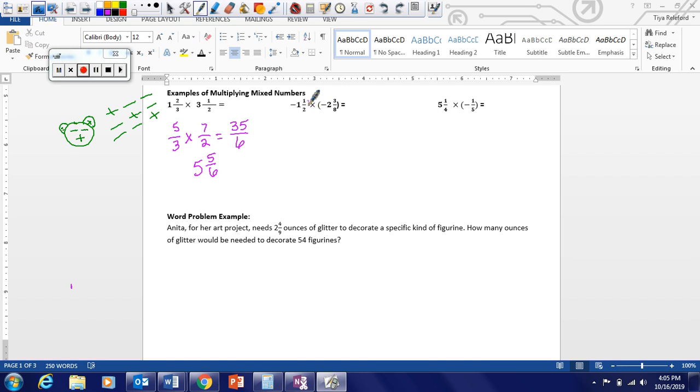The next one, I have negative and negative. A negative and a negative gives me a positive. And I'm going to change them into improper fractions because that's step 1.